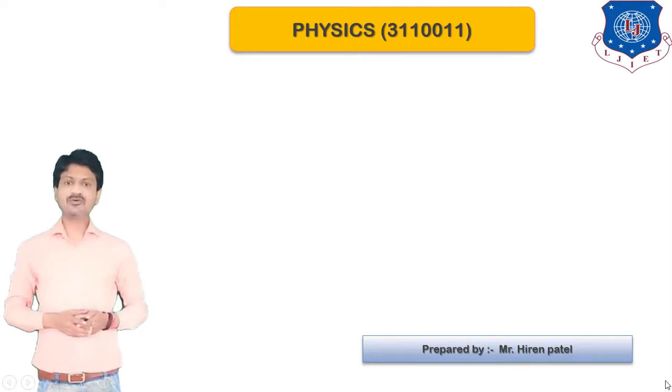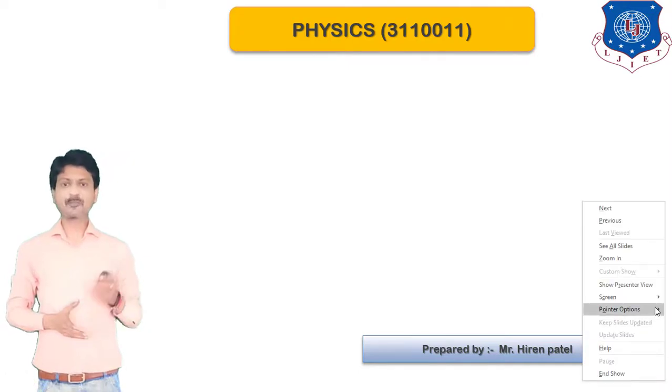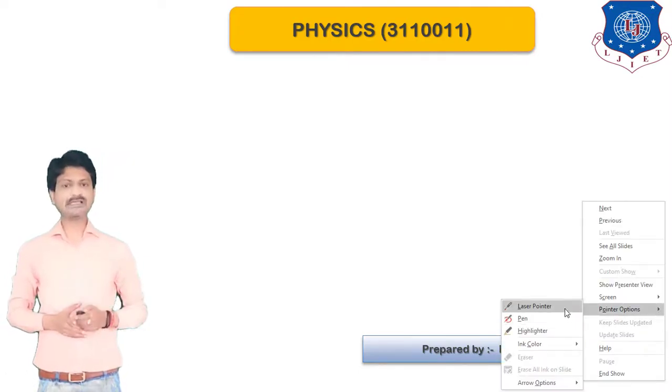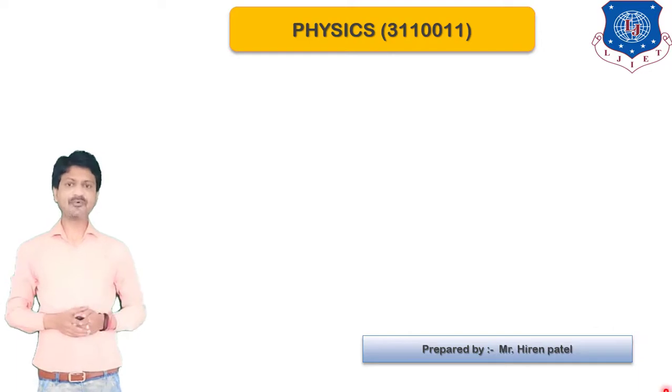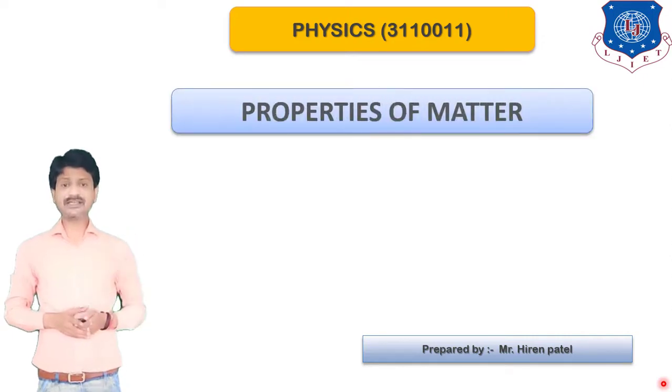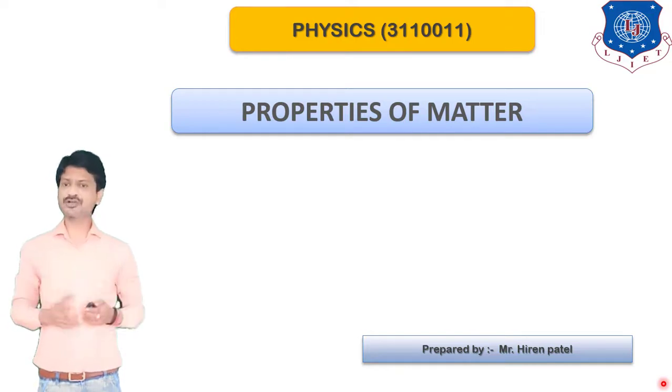So till now, in this chapter of Properties of Matter, we have discussed the concept of stress, strain, stress-strain diagram, elasticity, elastic behavior of solids, factors affecting elasticity, and in the last two videos, we have discussed the torsional pendulum.